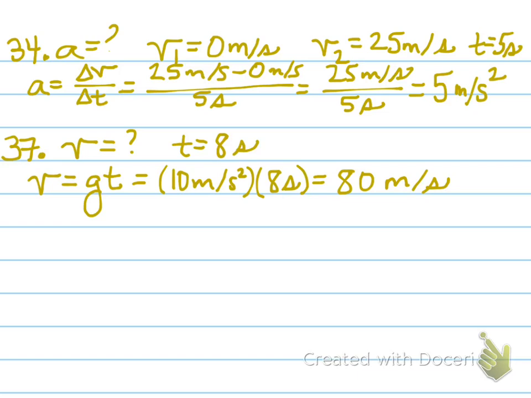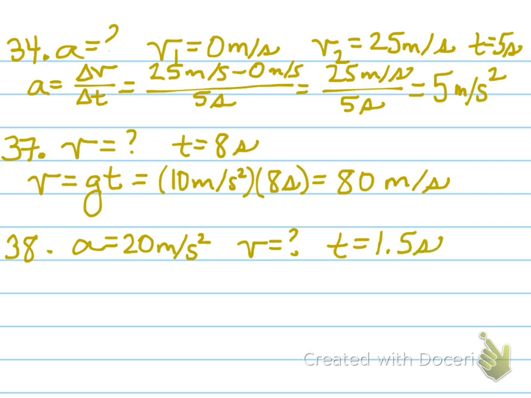Next, we're doing 38. On a distant planet, a freely falling object has an acceleration of 20 meters per second squared. Calculate the speed of an object dropped from rest on this distant planet acquires in 1.5 seconds.